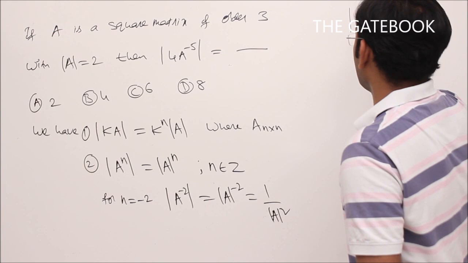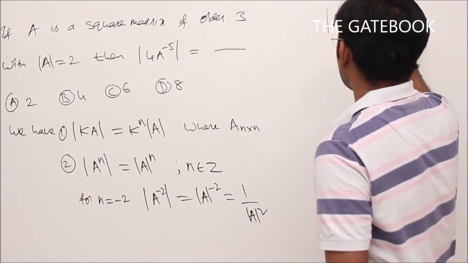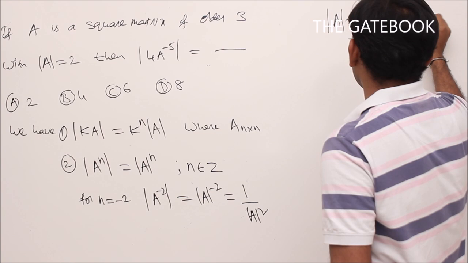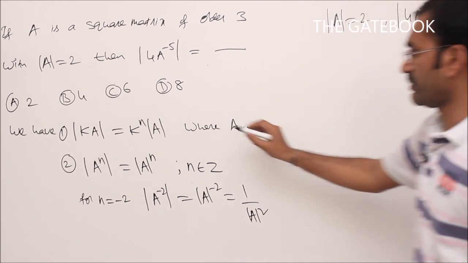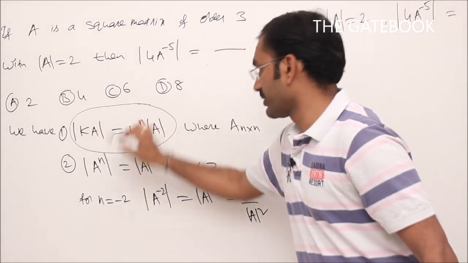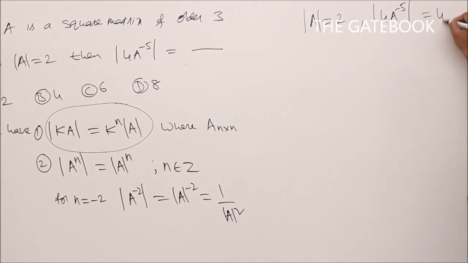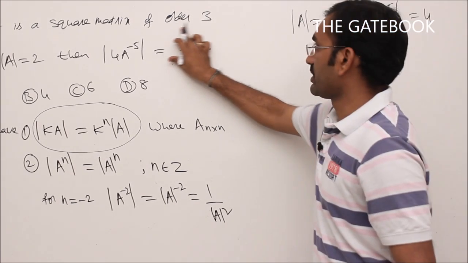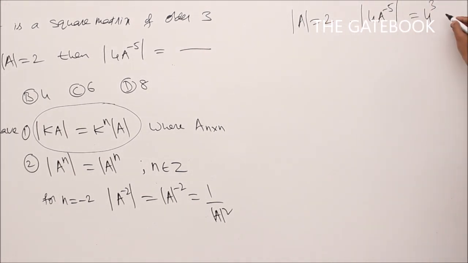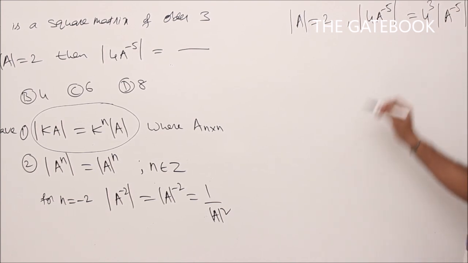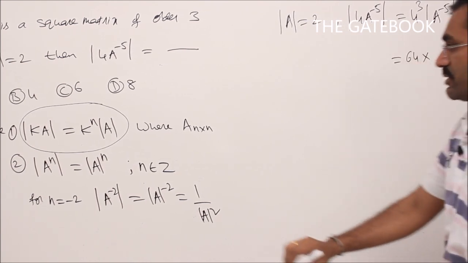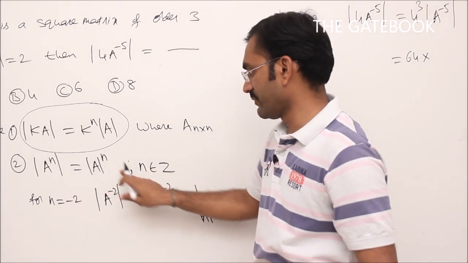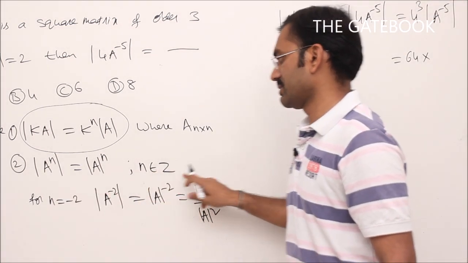Given that det A value is 2, we need to find det of 4 into A power -5. Applying the first property, det of kA is equal to k power n into det A. Given that A is a matrix of order 3, we will get 4 cube into determinant of A power -5, that is equal to 64 into, again applying the property det of A power n is equal to det A power n, where n belongs to the set of integers.